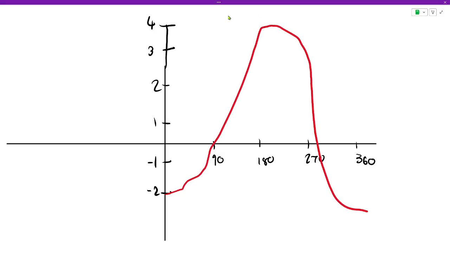Right. So what this means is we can already identify that this graph is shifted. Because if you see here, what's your highest point? 4. What's your lowest point? Minus 2. It should be minus 4 if this graph didn't have a vertical shift. Meaning that this graph was shifted up.